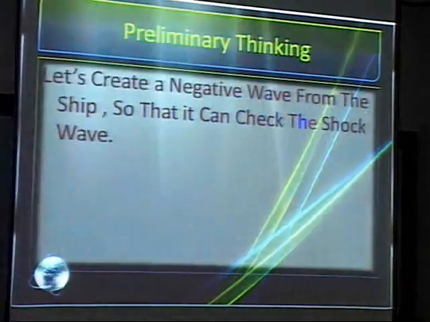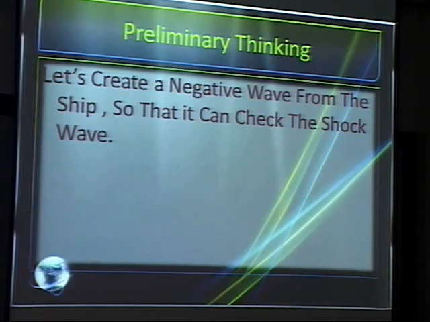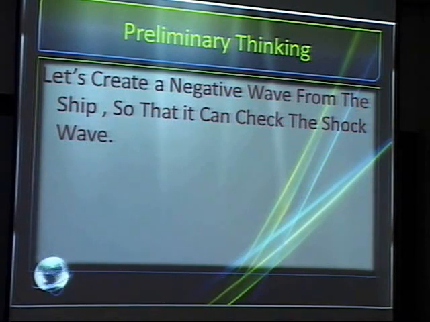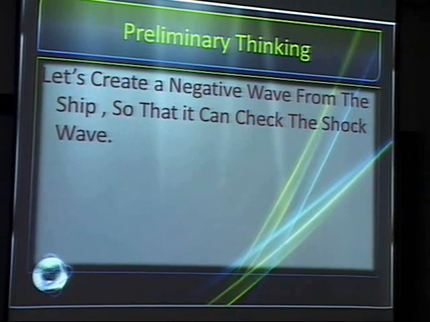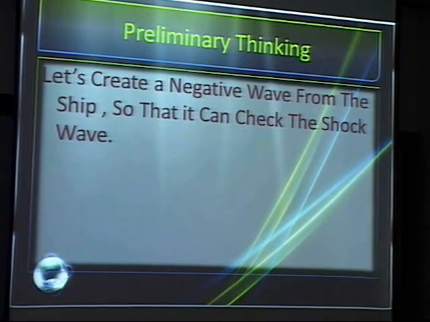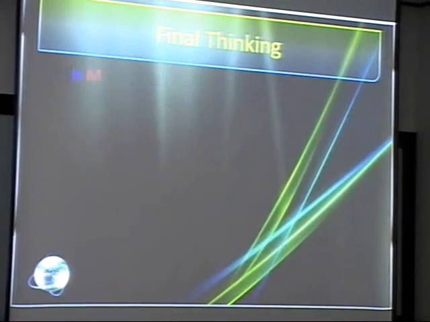Our preliminary thinking was a little bit funny. We thought that if you can generate a negative wave from the ship, then it can withstand the shock wave, but it really is not possible. Then our final thinking was like that.